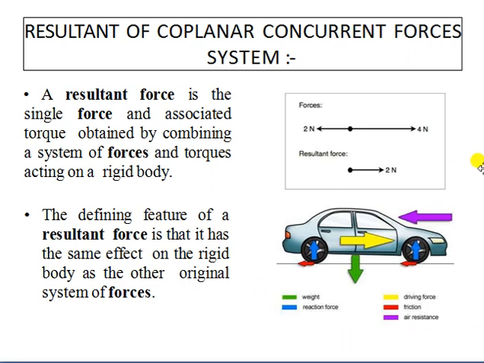So these are the different forces acting in horizontal and vertical directions on any moving object. If this object is to be in equilibrium, the summation of all the horizontal forces should be 0, and the summation of all the vertical forces should be 0.